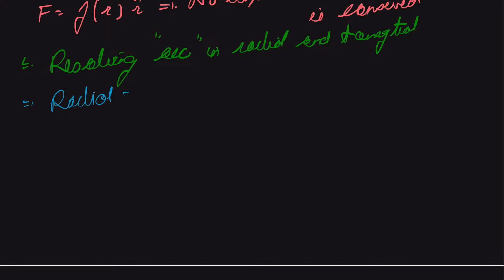For radial we can write mu times the double derivative of the radial distance r, minus r times theta dot squared, and that will be equal to F of r, because the force is only in the radial direction. Okay. And this second term is nothing but the representation of the centripetal force, or we can say the centripetal term.